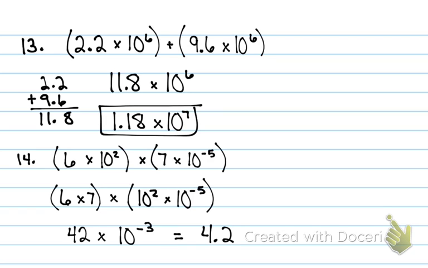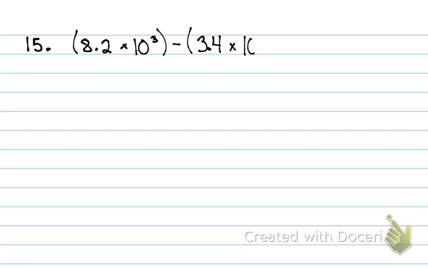And when that happens, I increase my exponent value by the same number to make -2. Okay? And that's how you would do a multiplication problem. All right? How are we doing? Clearing some of this up?